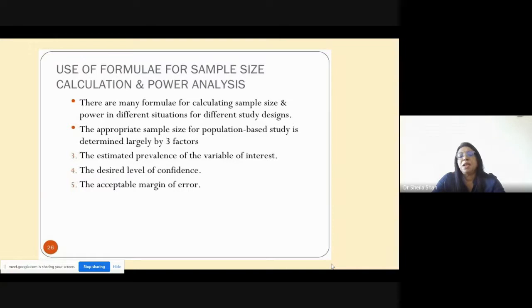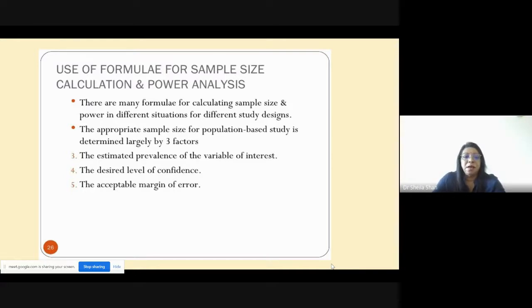There are many formulas, yes. Even in the journals I have uploaded there, they have different ways of calculating the sample size and power in different situations for different study designs. So I cannot give you one formula, which is the best formula. It always falls back on your design.